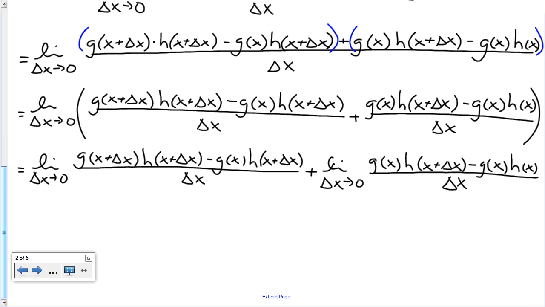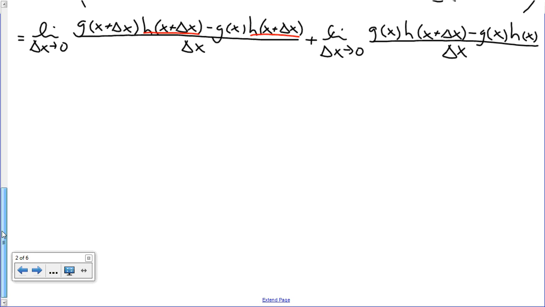The limit of a sum is equal to the sum of the limits, is that property that we just used there. And now I see that in the first limit, in the numerator, I've got an h of x plus delta x in the first term, and I've got the same thing in the second term. So I'm going to actually factor that out. So let's rewrite this.